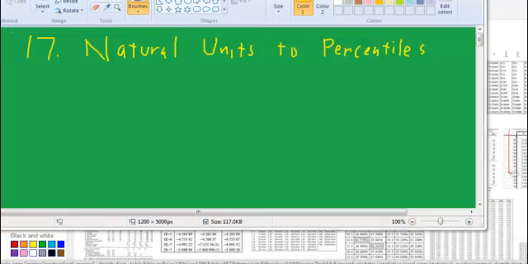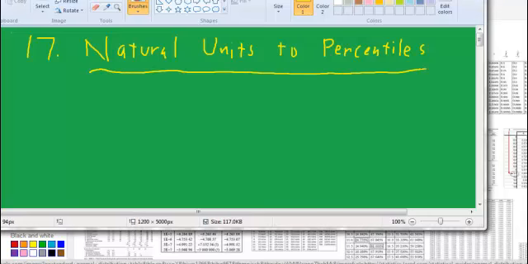This is Dr. Kling. Now we're going to talk about, within the normal distribution, the problem of converting natural units to percentiles. Natural units are the units that something's measured in. The example I'm going to work with is rainfall in October.